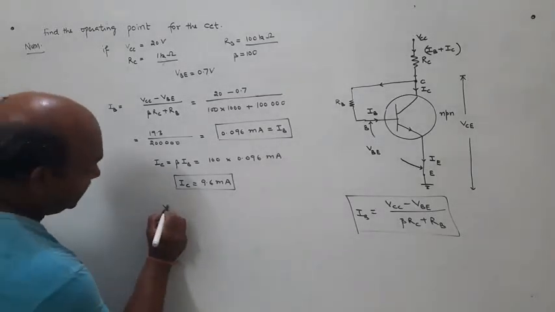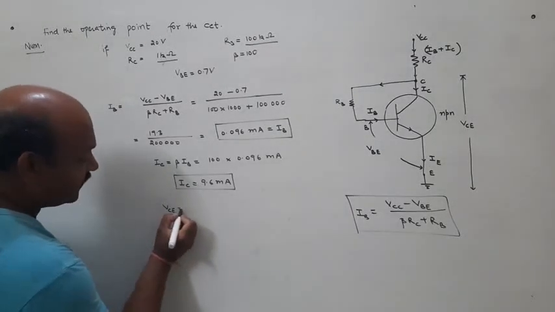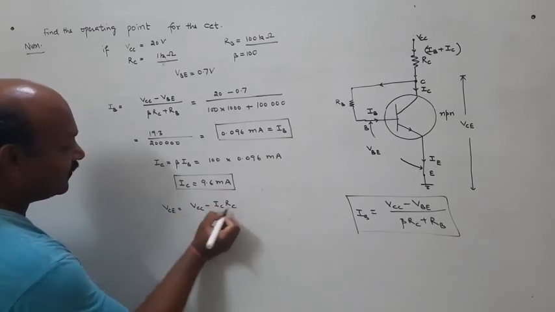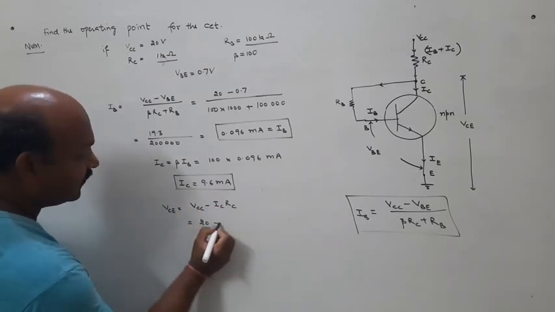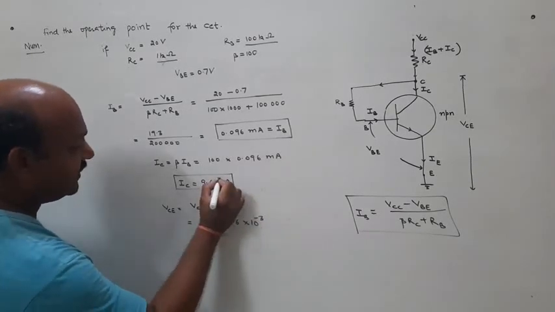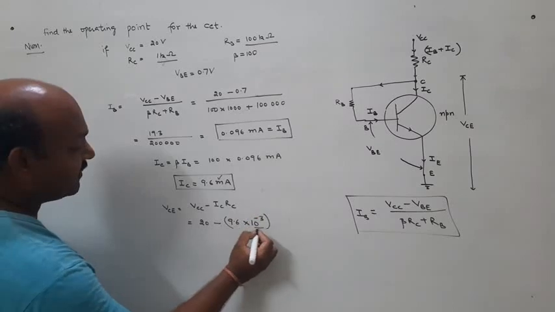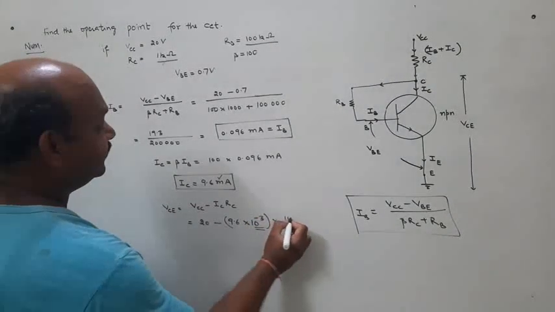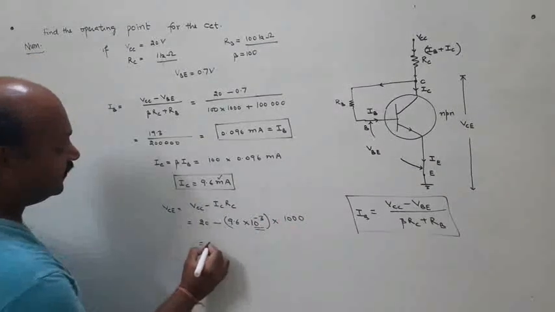Next is VCE. The formula is, milliampere 10 to the power minus 3, RC 1 kilo ohm.